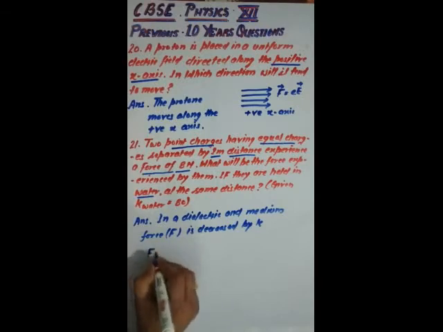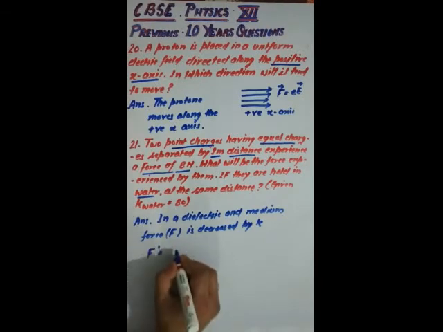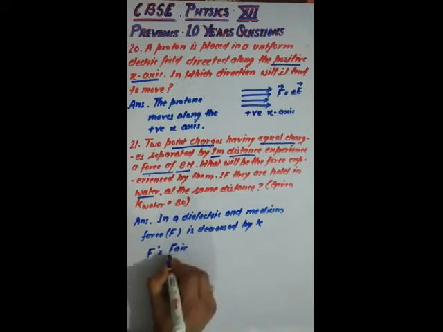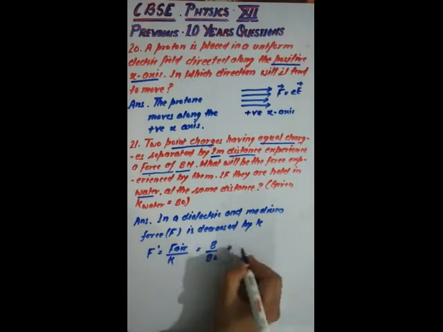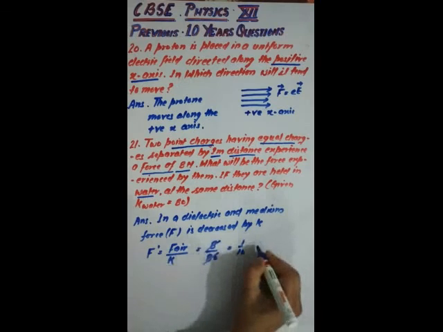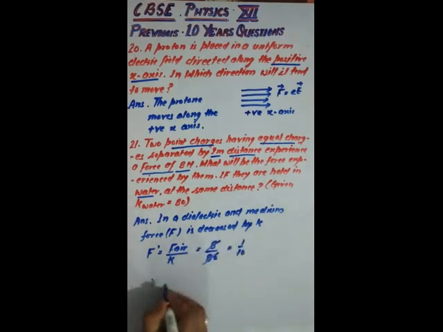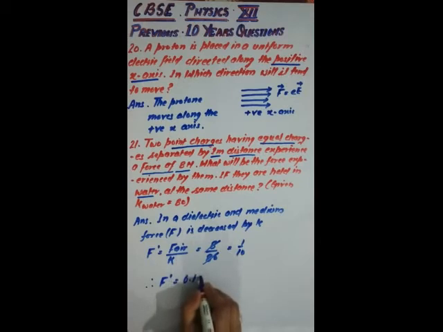So F dash equals force in air upon K. Therefore, force in water equals 0.1 Newton.